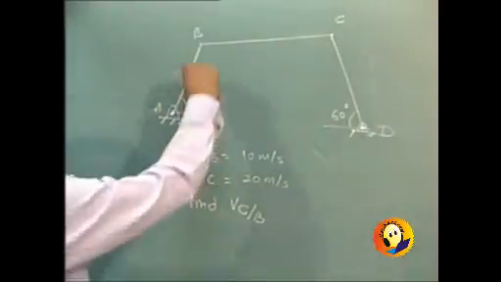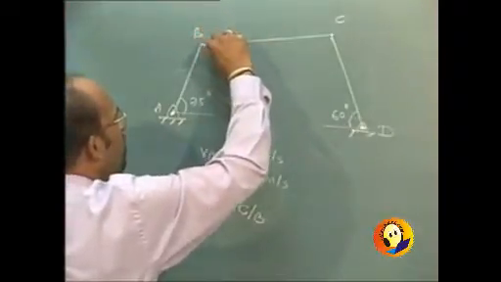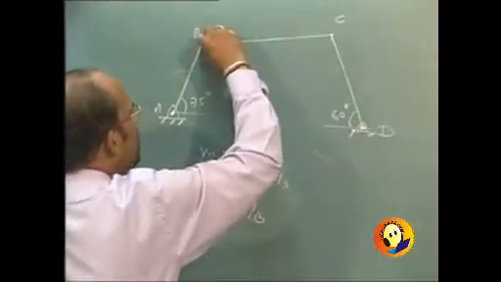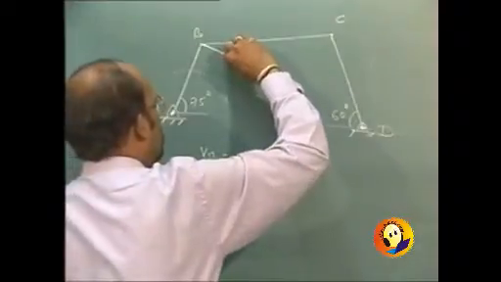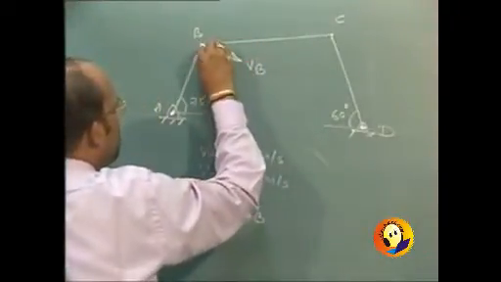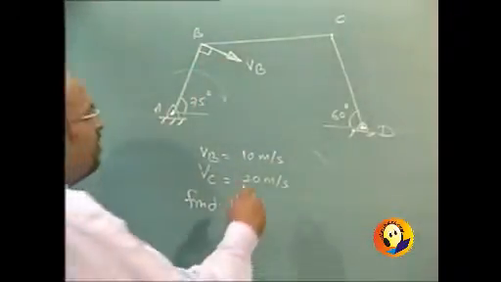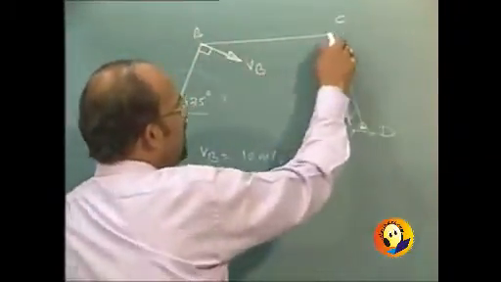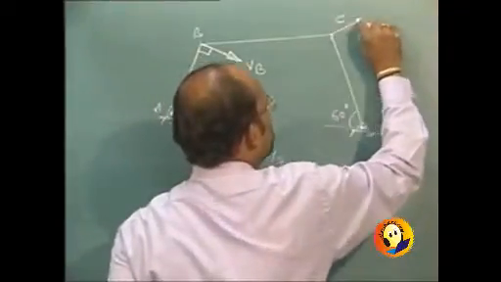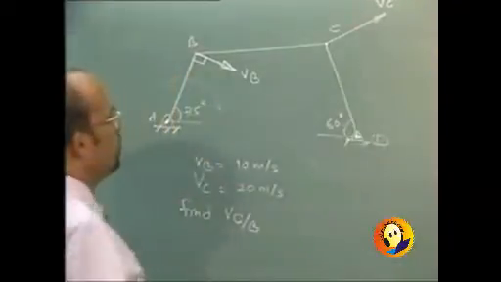Now if AB is rotating, then B will be having a velocity which will be always perpendicular to the crank, perpendicular to the radius. So this is velocity of B. This angle is 90 degrees. And similarly, velocity of C: as B moves in this direction, C has to move in this direction, and velocity of C is also known to us.